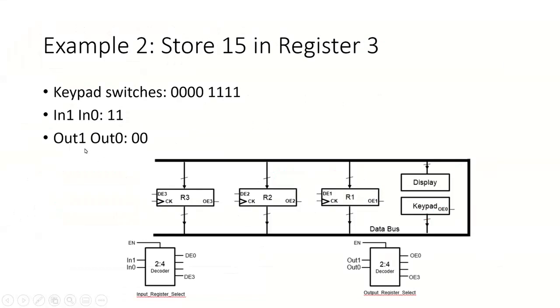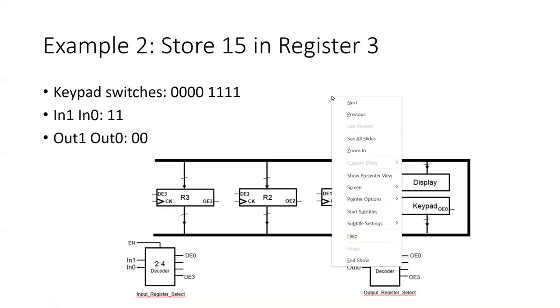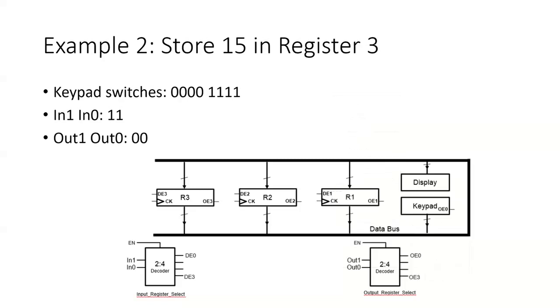Simple. So in this example, we're trying to store 15 in register 3, right? Now the data that we're trying to store is 15, which is 0 0 0 0 1 1 1 1 in binary. So our keypad will have that. And then we need to enable register 3, right? Okay, we need to enable register 3, and we need to enable the output of keypad.